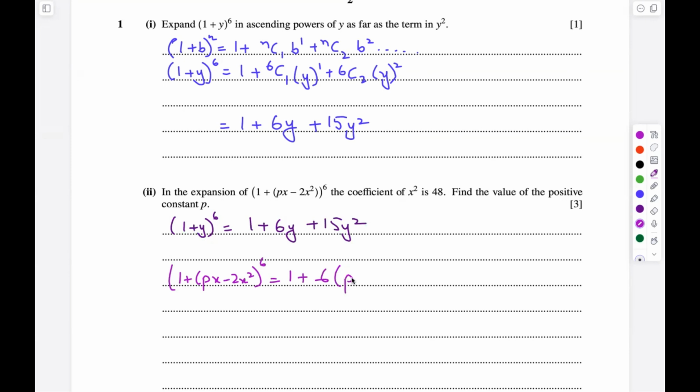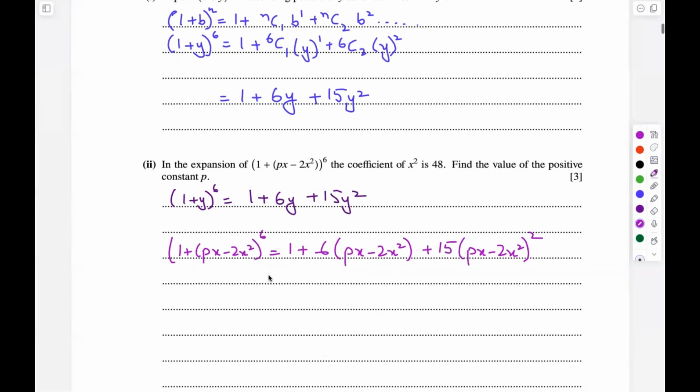So this will become 1 + 6 into (px - 2x squared) + 15 into (px - 2x squared) whole squared. Now expanding this, we'll get 1 + 6px - 12x squared + 15 times the expansion, which gives p squared x squared - 4px cubed + 4x to the power 4.